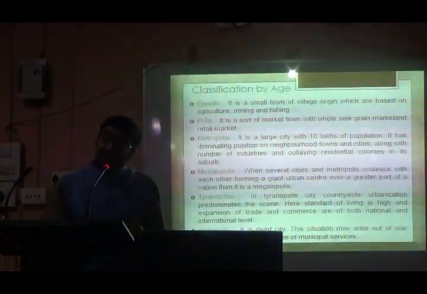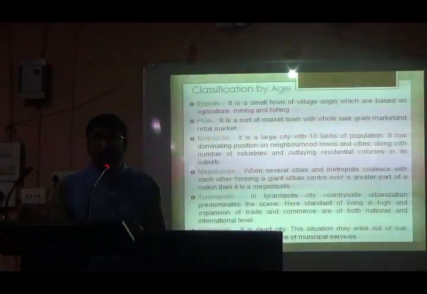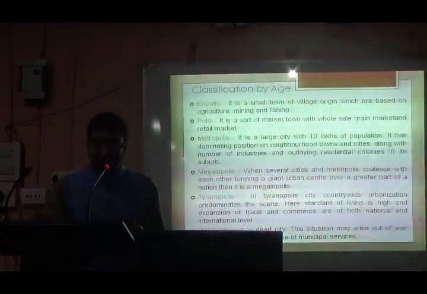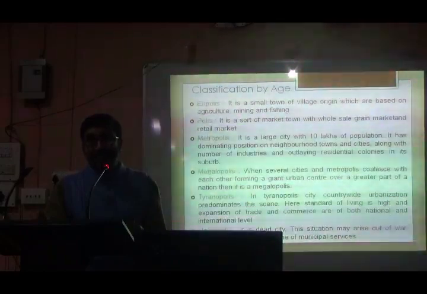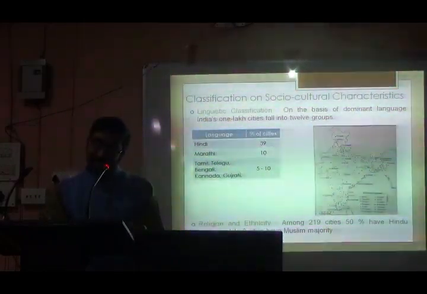Tyrannopolis is a concept where worldwide urbanization may be experienced, that means 70% of the population live in urban areas. And necropolis is the dead city. Today's Harappa, Mohenjo-daro, Mesopotamia are good examples of such cities.